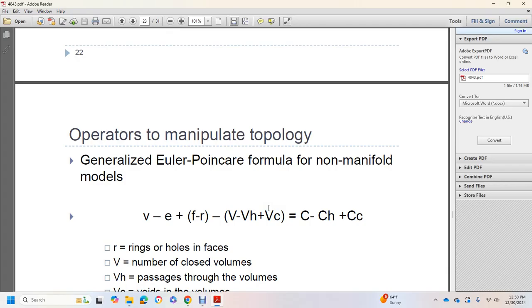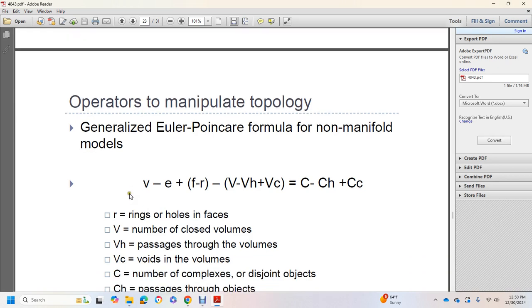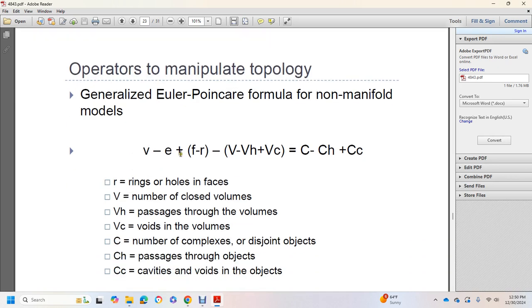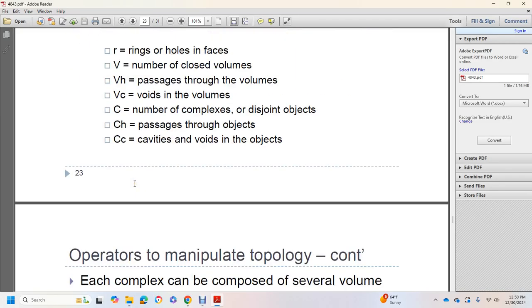Operators manipulate topology. The generalized Euler-Poincare formula for manifold models: V - E + F - R = 2(S - H), where S is the number of closed volumes and H the number of holes.